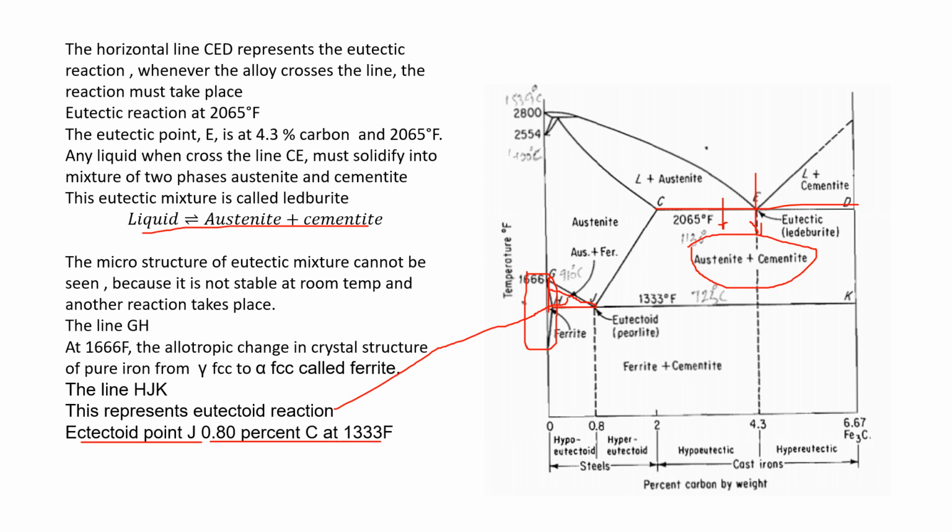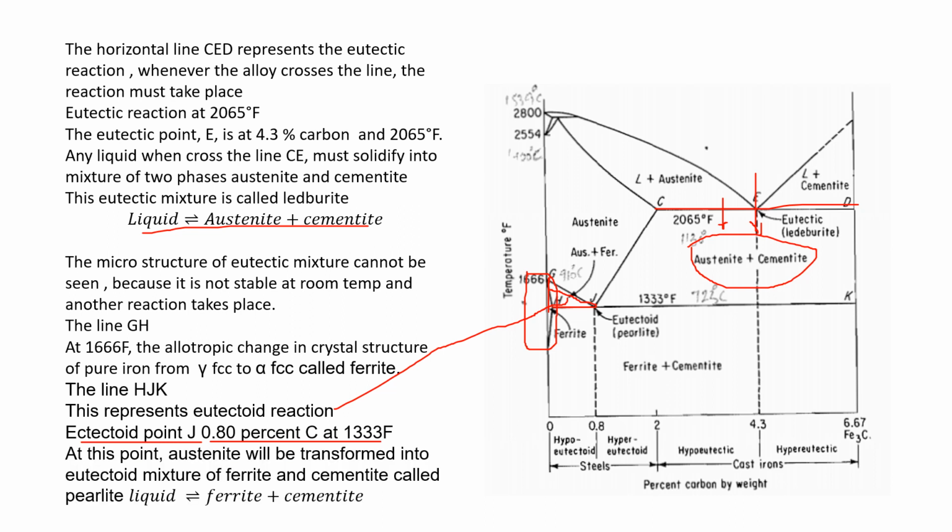The eutectoid point is J, at 0.8% carbon and 1333 degrees Fahrenheit. At the eutectoid point, the austenite is transformed into a eutectoid mixture of ferrite and cementite. This is the reaction that takes place.